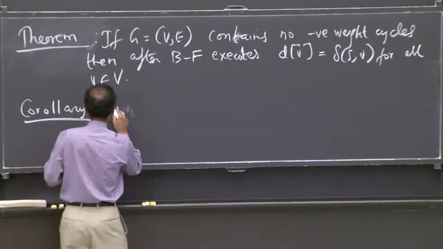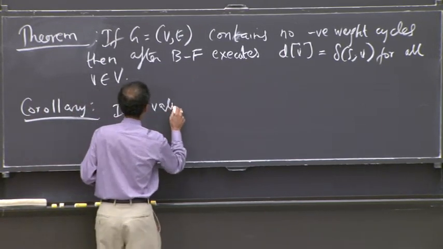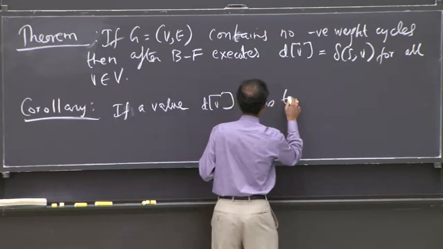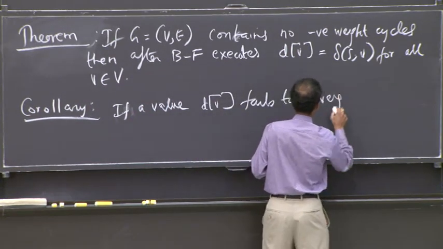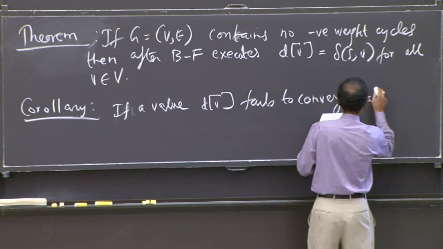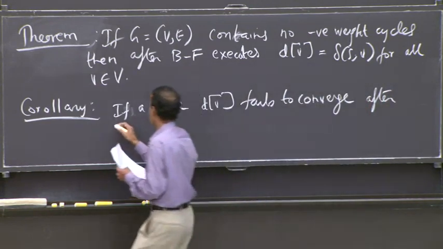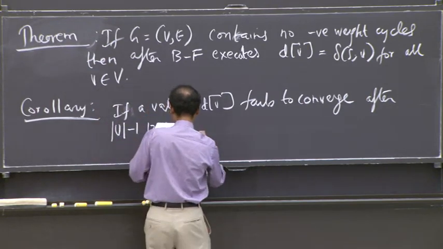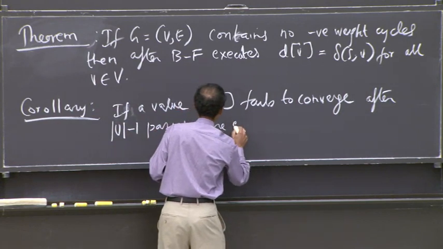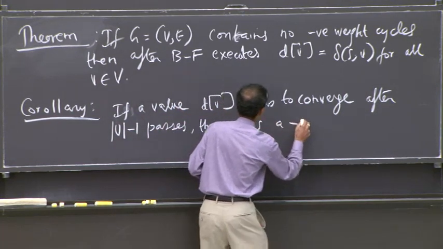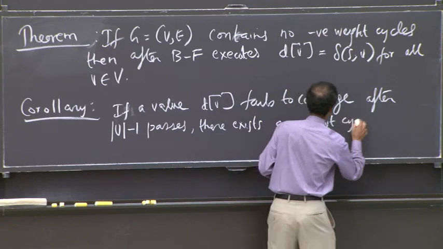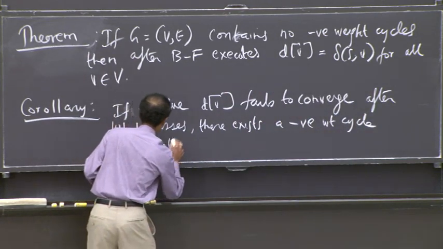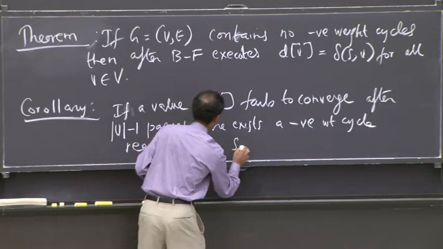And this says if a value d of v fails to converge after V minus 1 passes, there exists a negative weight cycle reachable from S. Right?